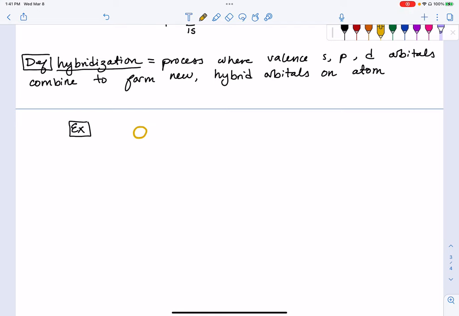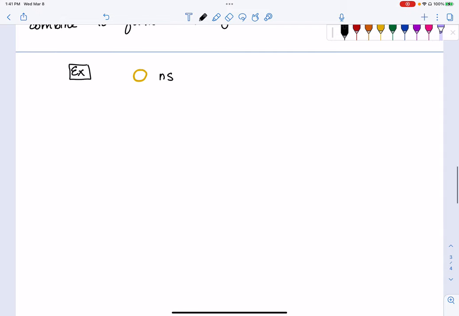So what if I've got my s orbital that is a valence orbital on some atom, and I combine it with some valence p orbital.